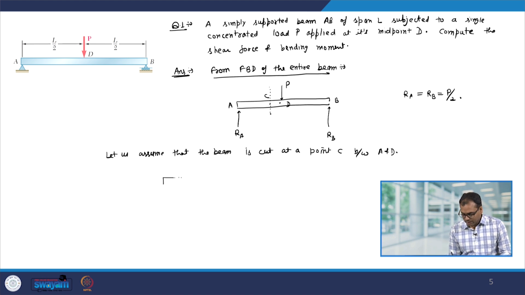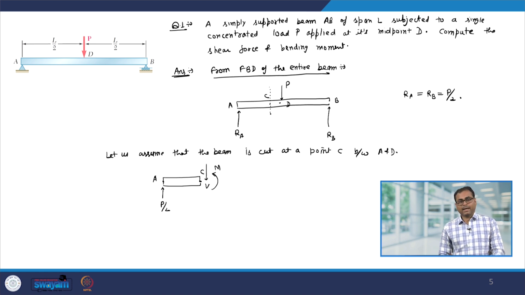So, on the left hand side we have point A, point C. At point A we have a reaction force of P by 2, and then at C we will have force V and the moment M. Note that I have taken the positive sign. So, therefore, V will be downwards and M will be upward, and if my answers are negative, in that case I will change the direction of V and M. Okay.